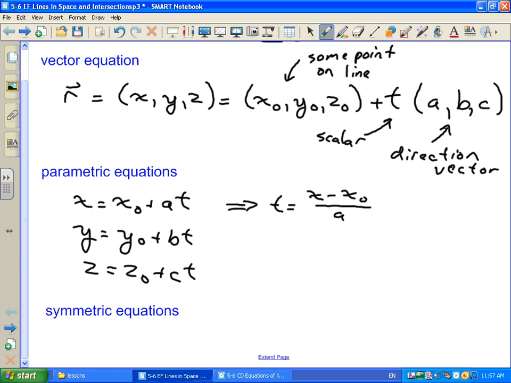I can do the exact same thing for my y equation and my z equation. That'll give me t equals y minus y naught over b, and t equals z minus z naught over c.